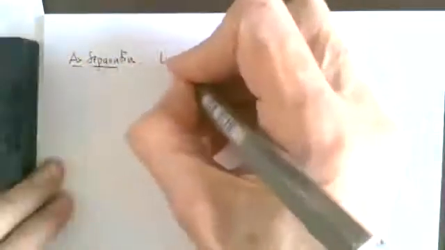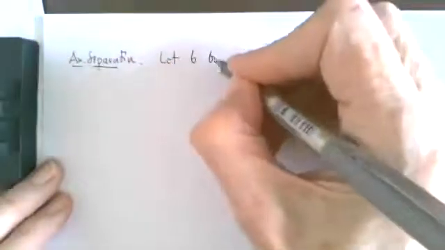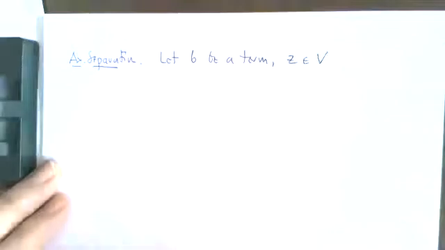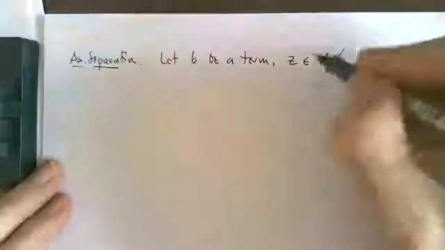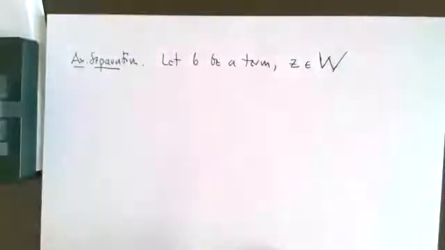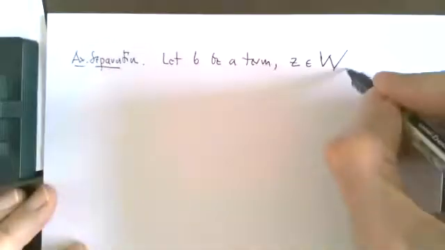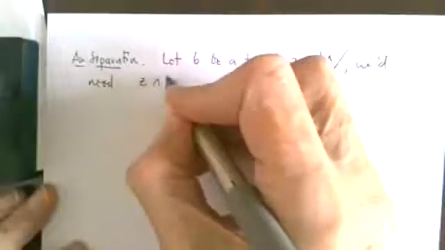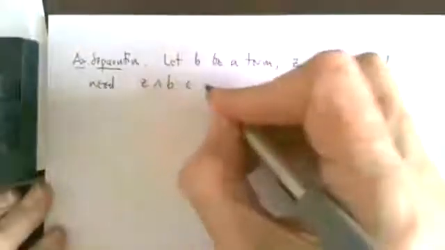Axiom of separation. So we say something like, let B be a term, and I've got some set Z in my universe. So this is just an ordinal here. For the separation axiom to hold, we need that Z intersect B here is an ordinal.